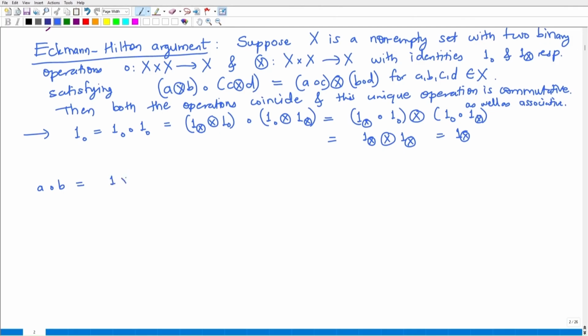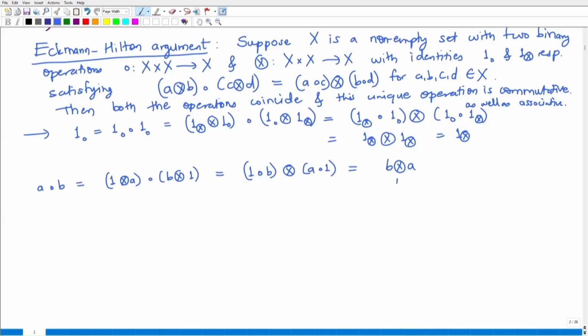So (1 tensor A) circle (B tensor 1), which is the same as (1 circle B) tensor (A circle 1), thanks to the transfer law, and that is B tensor A. So now we have shown that A circle B is B tensor A. But let us not stop here.